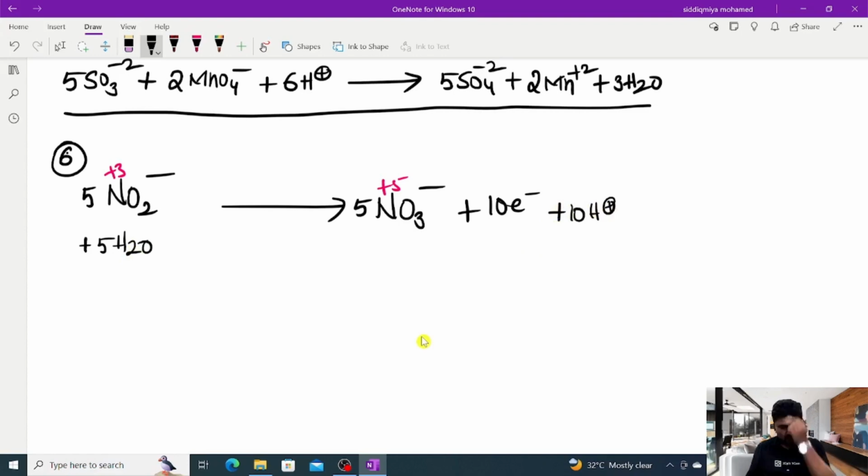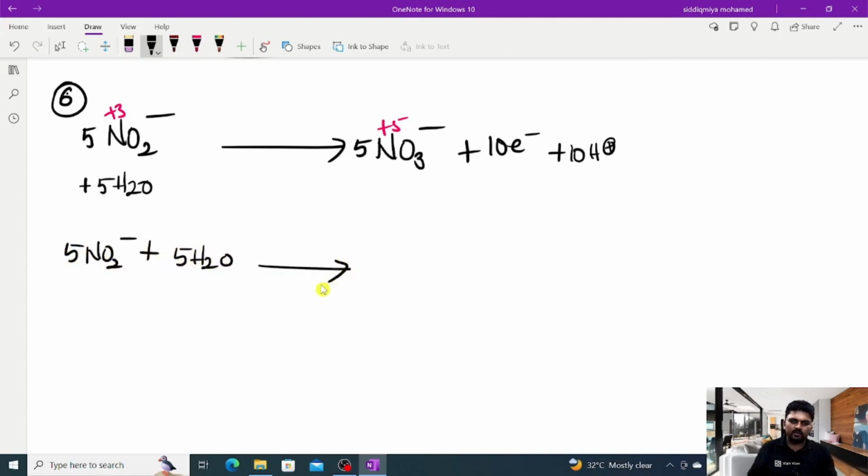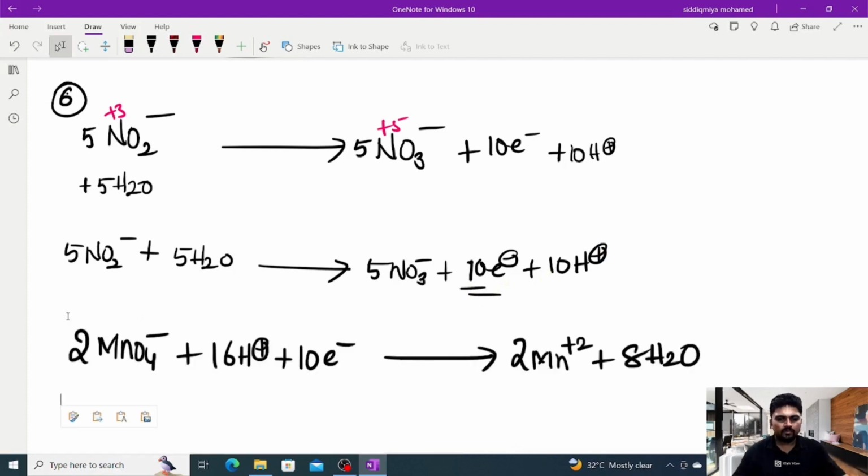Now I'll write this equation properly: 5NO2 minus plus 5H2O will give 5NO3 minus plus 10 electrons plus 10H plus. Since 10 electrons are there, with the 10 electron equation we have to add up.